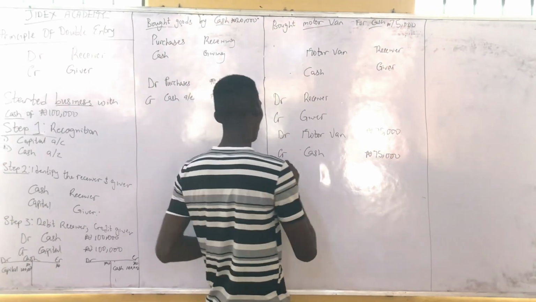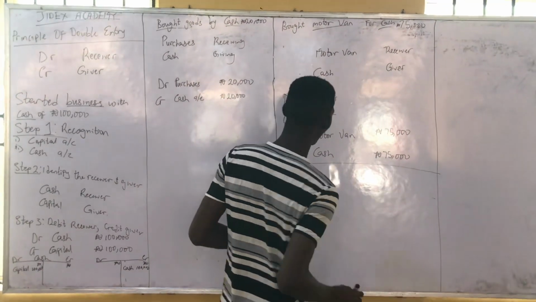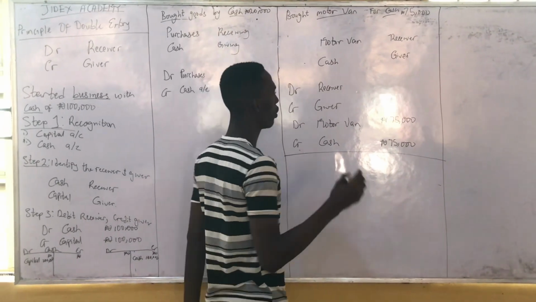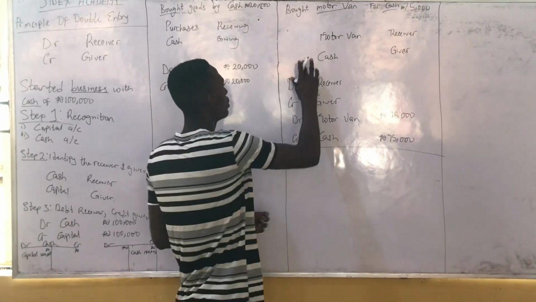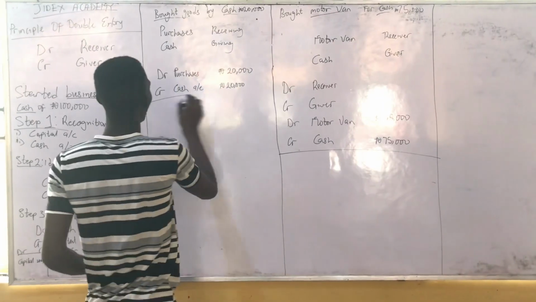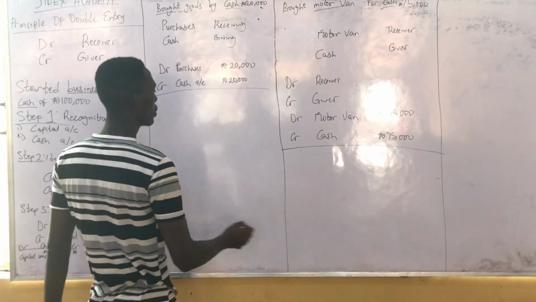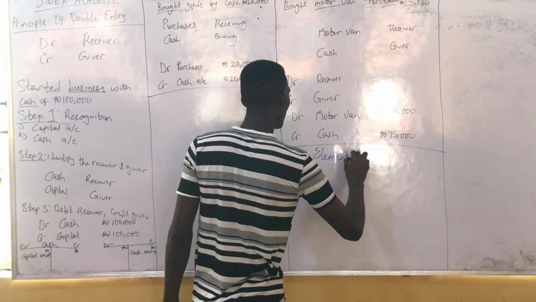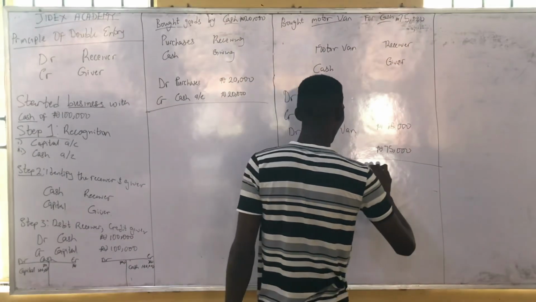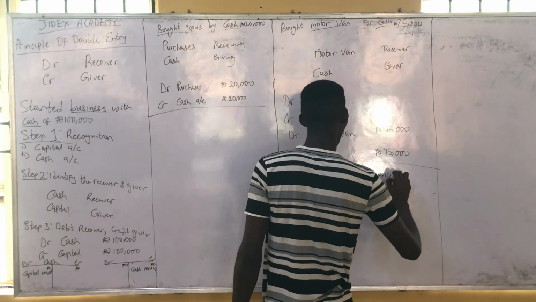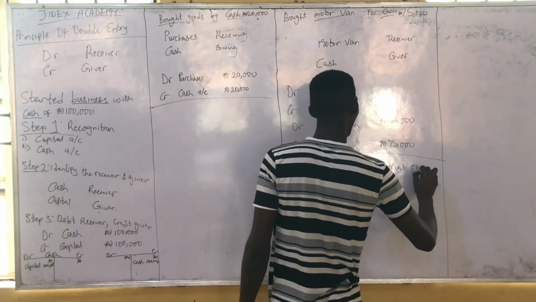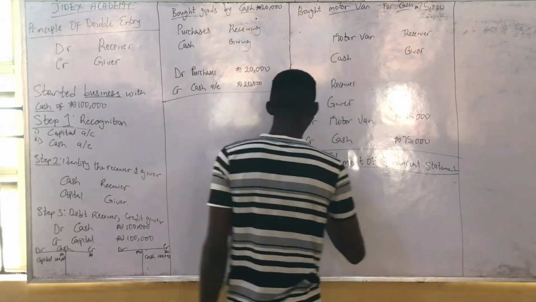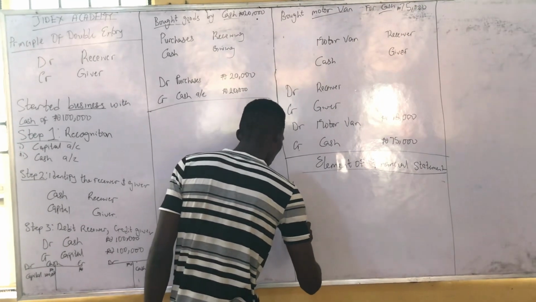So this is where I'll be stopping. But before I move, I need to give you a summary of how you record, or another clue that is going to help you in recording all your accounts. So let me start with this place. I call it elements of financial statement. So there are just 5.